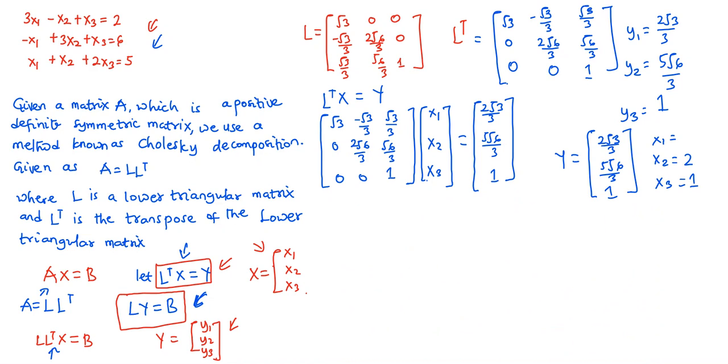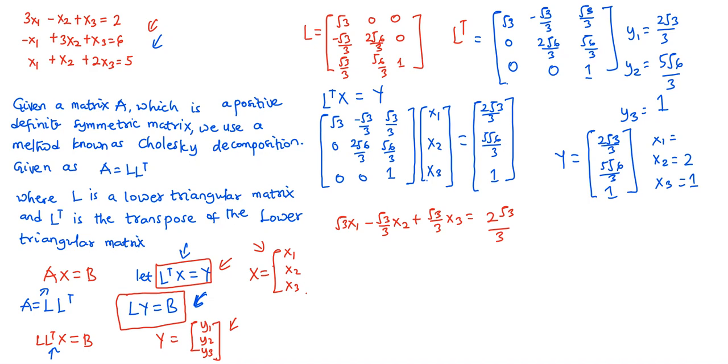For x1, we have root 3 x1, minus root 3 on 3 multiplying x2, plus root 3 on 3 multiplying x3, equal to 2 root 3 on 3.